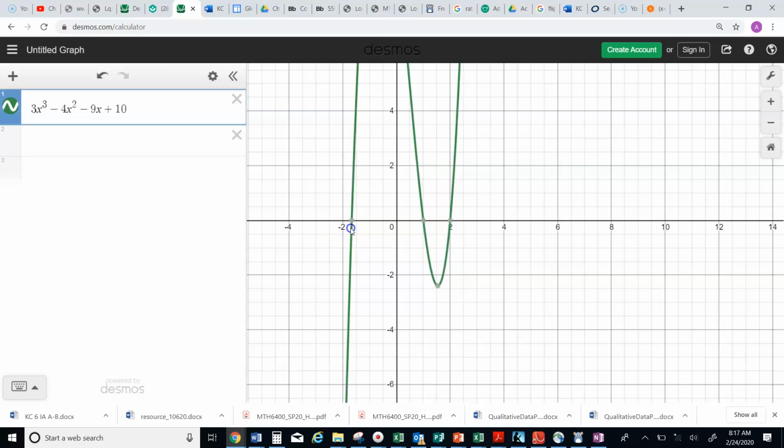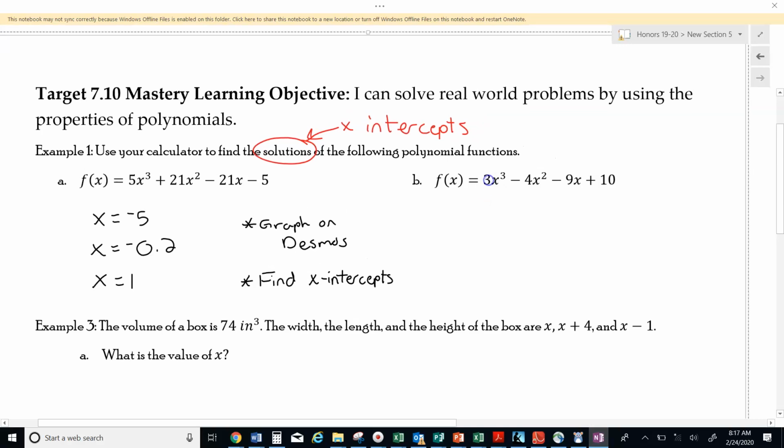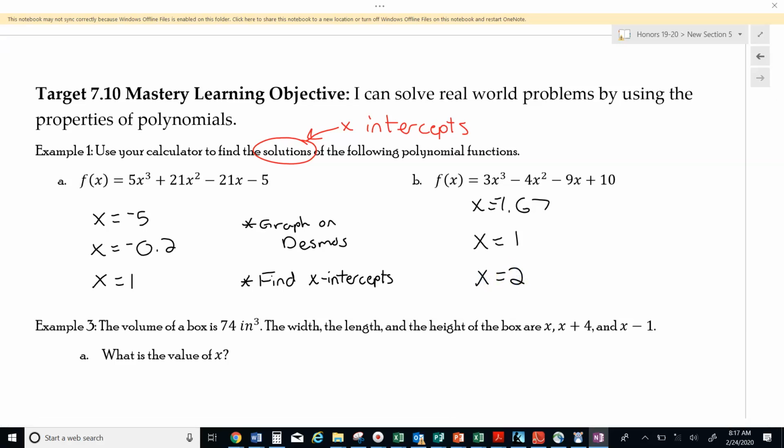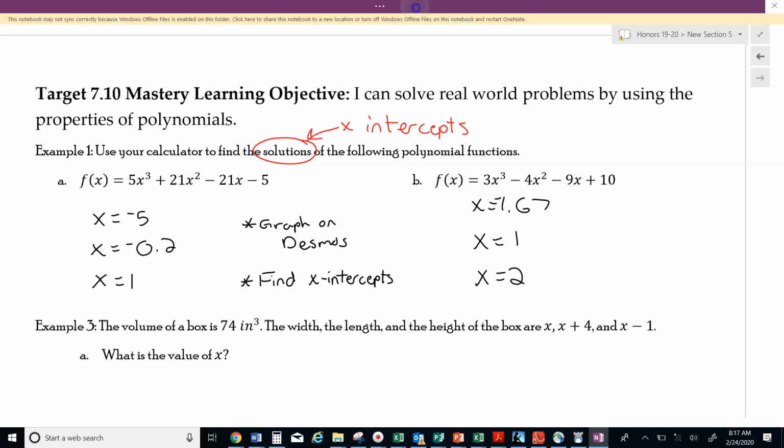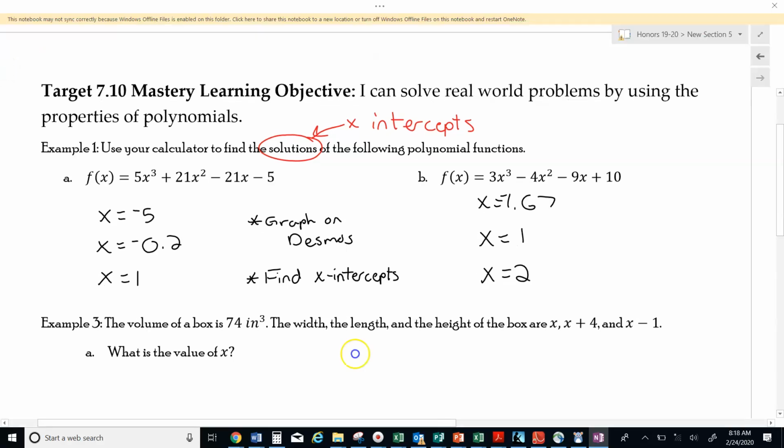And then same thing, right? We have negative 1.67, 1, and 2. Okay, so super simple. Our other two examples, solving will be just as easy.